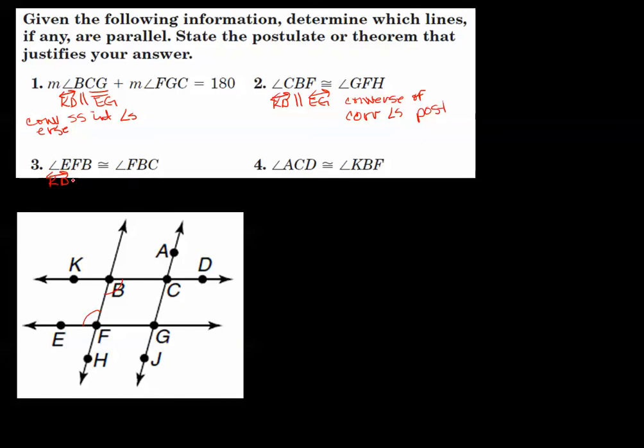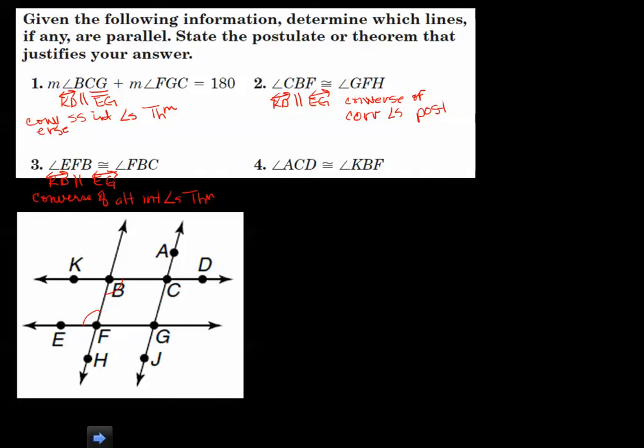KD is parallel to EG. And that is going to be because of the converse of alternate interior angles. And that's a theorem. I should have put theorem up here too. That's a theorem as well.